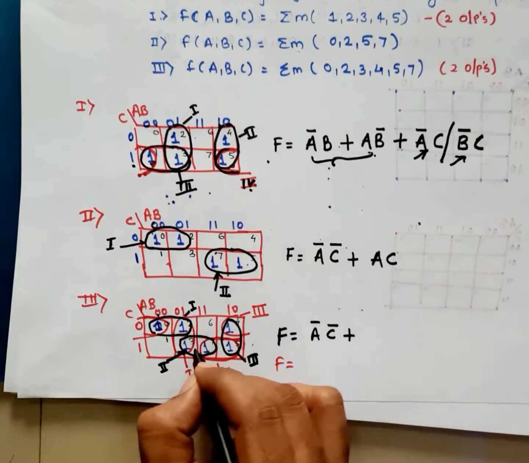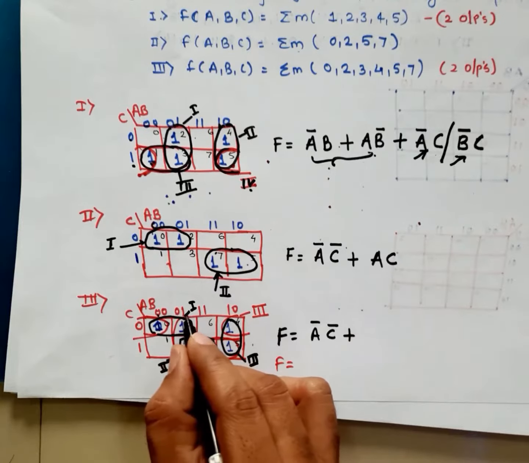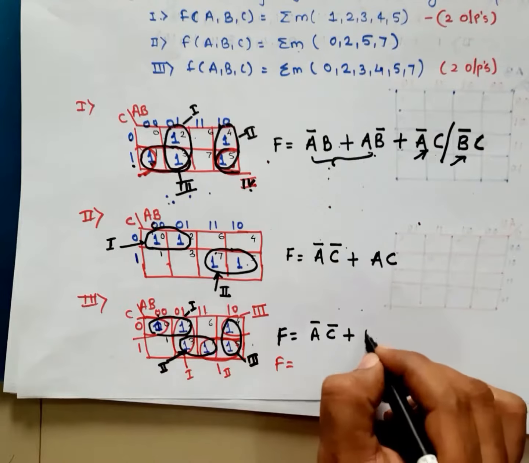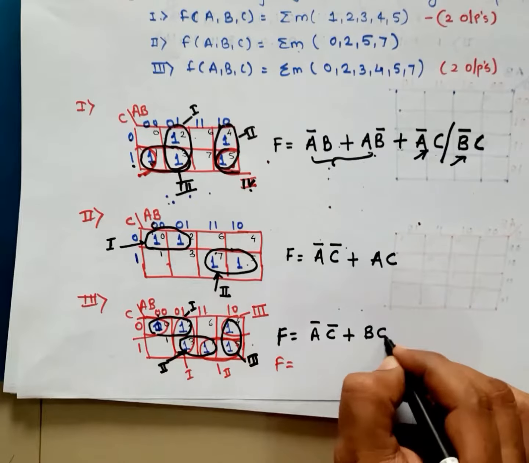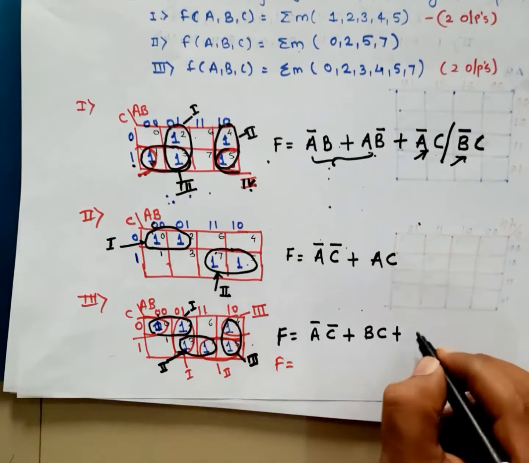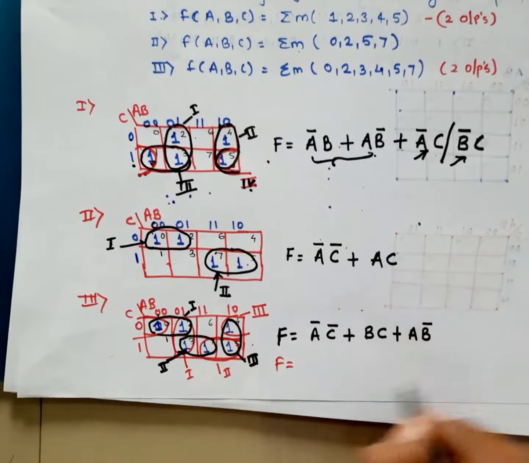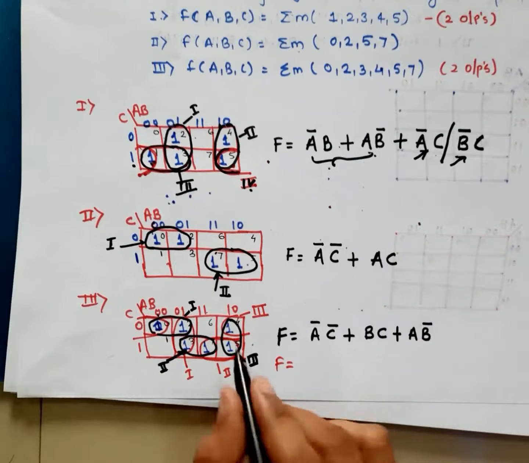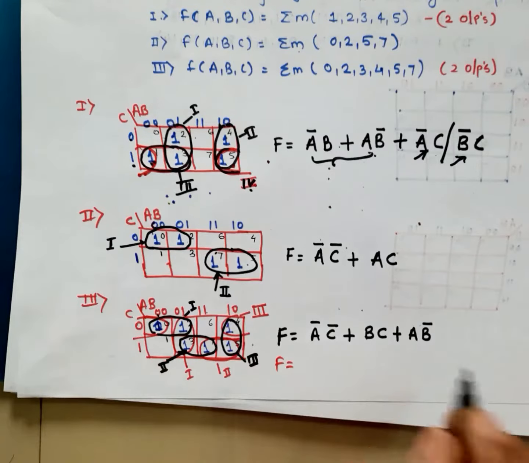For the second black group, the value of A is 0 1 so it gets eliminated, and the value of B is 1 1, so B, and for this case the value of C is 1. Next, third, the value of A and B is A, and B is 0, that's why B bar, and the value of C is 0 and 1, so it gets eliminated. So this is the first output equation.